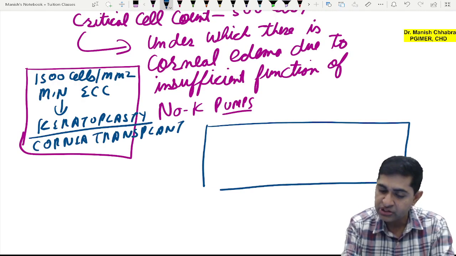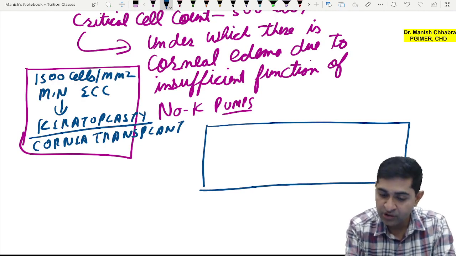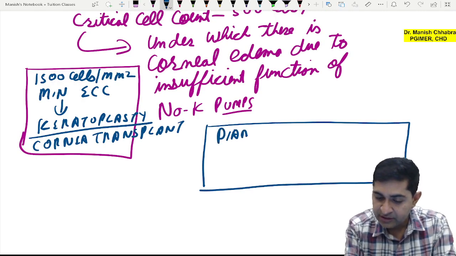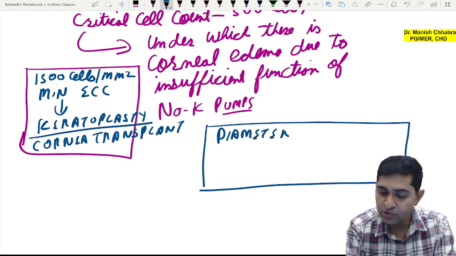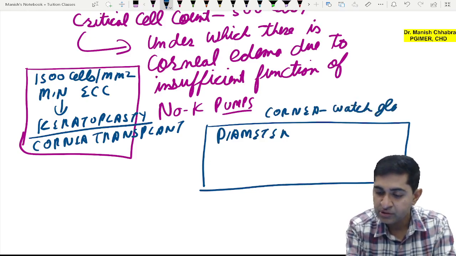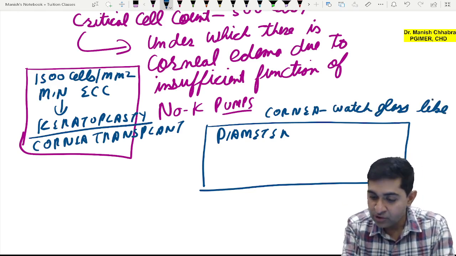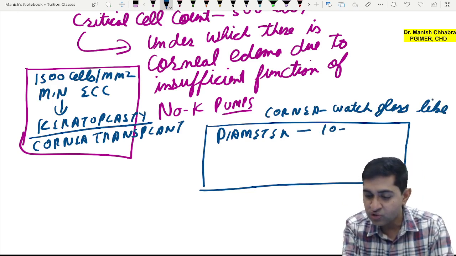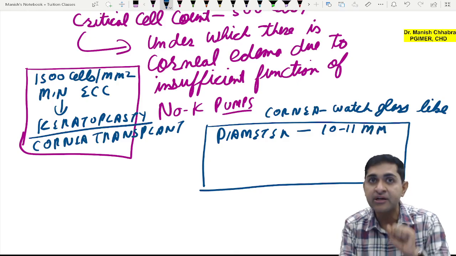Now gross, what is the diameter of the cornea? So first and foremost, your cornea is a watch glass like structure. Now the normal diameter is 10 to 11 millimeter.